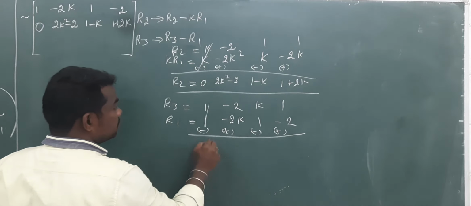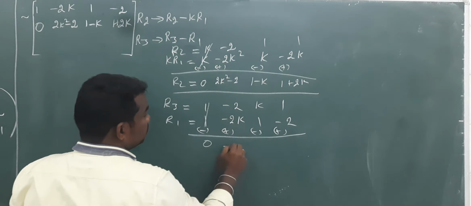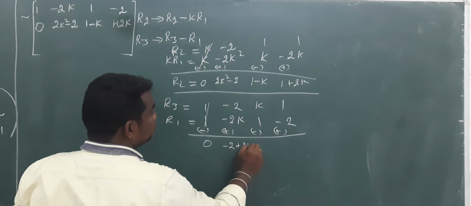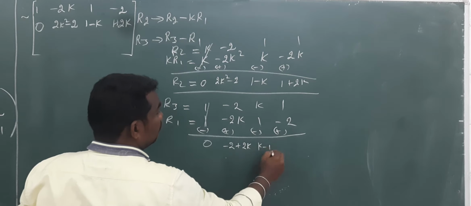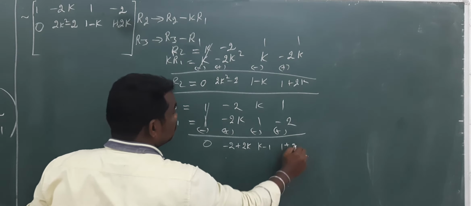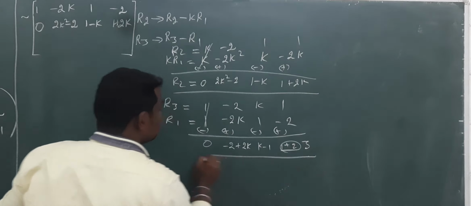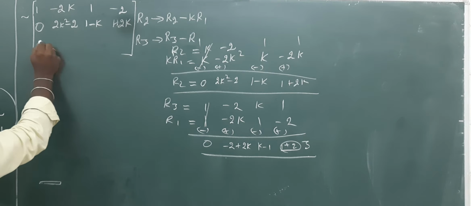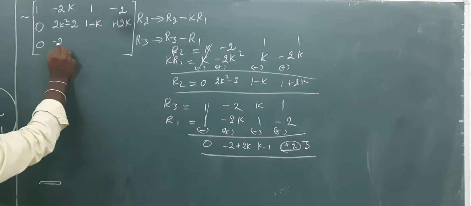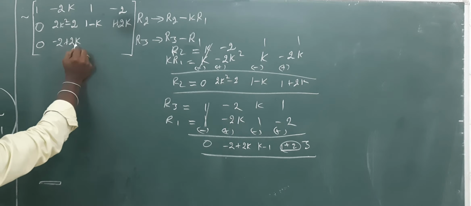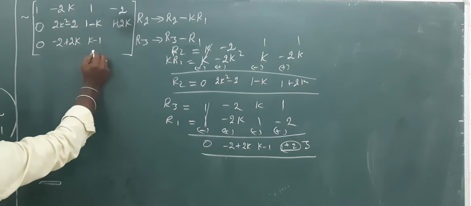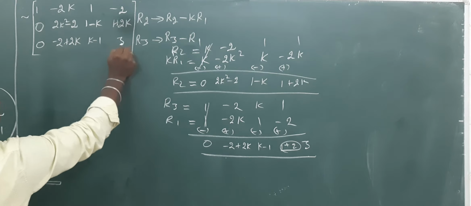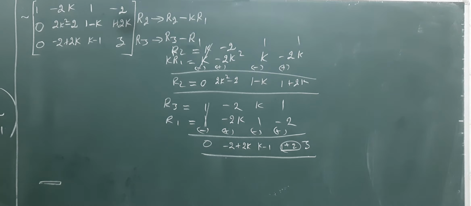Then 1 minus 1, 0. Then minus 2 plus 2k, k minus 1. Then 1 plus 2, 3. So the new row of third is 0, minus 2 plus 2k, k minus 1, then 3. So that is the new matrix.